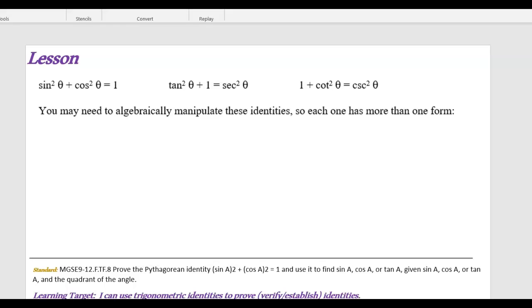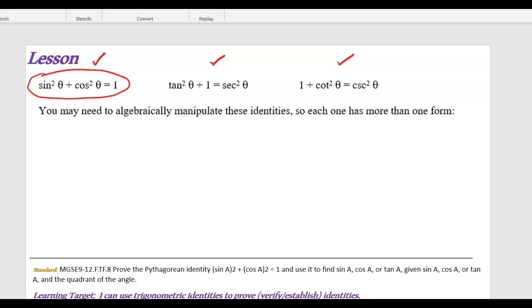All right, so we have three basic iterations or ways of representing the Pythagorean identities. But for each one of those, we could tweak it. Generally you don't see this. You will just see sine squared theta plus cosine squared of theta, and you can replace that with 1.